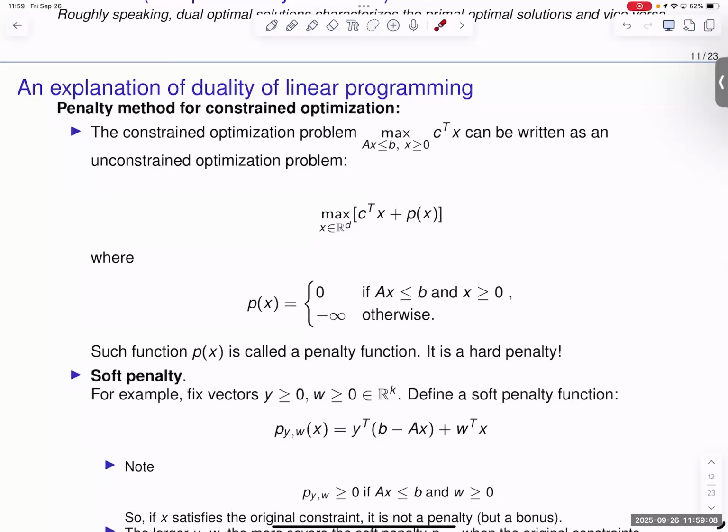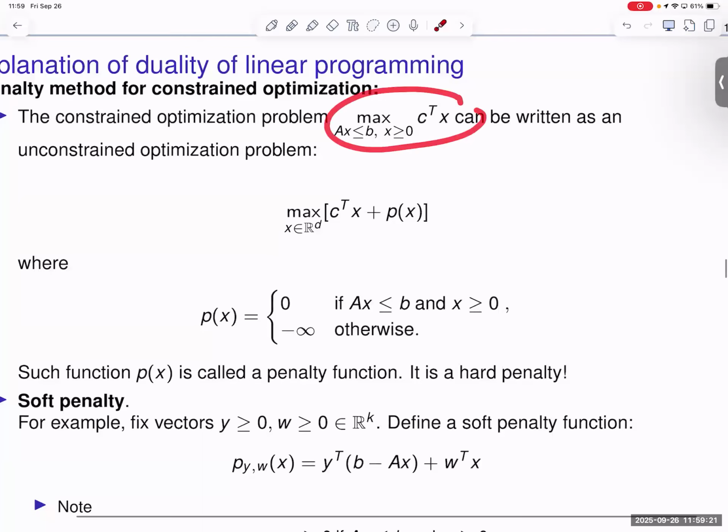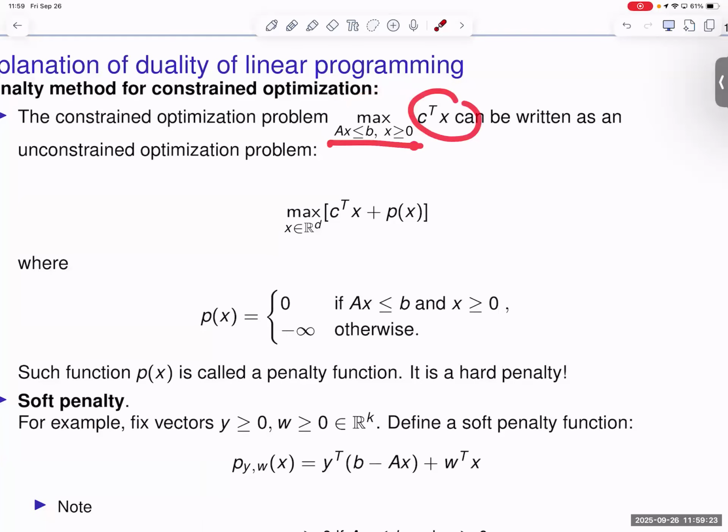Okay. So there could be many ways, but one expression I like is to consider the so-called penalty method in constrained optimization. So you have this constrained optimization problem. You have an objective function under these constraints, but then you can turn this constrained problem into an unconstrained problem. But you have to modify your objective function.